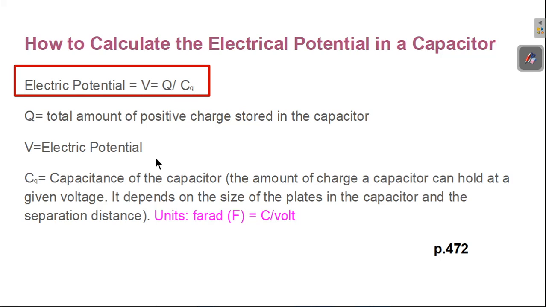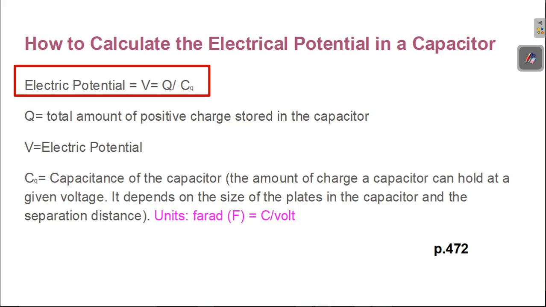And then C of Q is the capacitance of the capacitor. That's a mouthful. But what does that mean? What's the capacitance of the capacitor? Well, it's the amount of charge a capacitor can hold at a given voltage. And it depends on the size of the plates. Remember I said the area of those plates was important. And also the separation between the two plates, the distance, was also important.